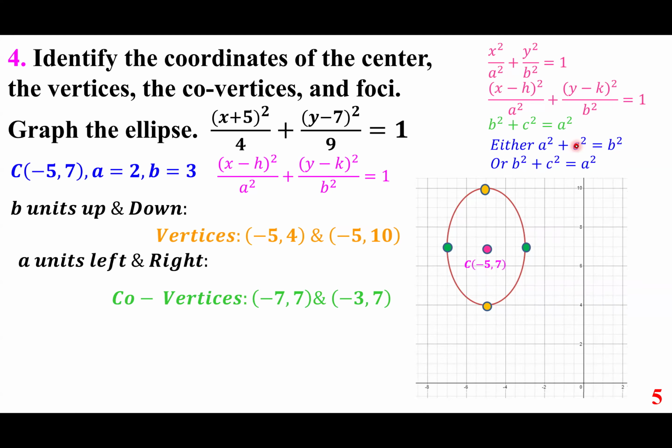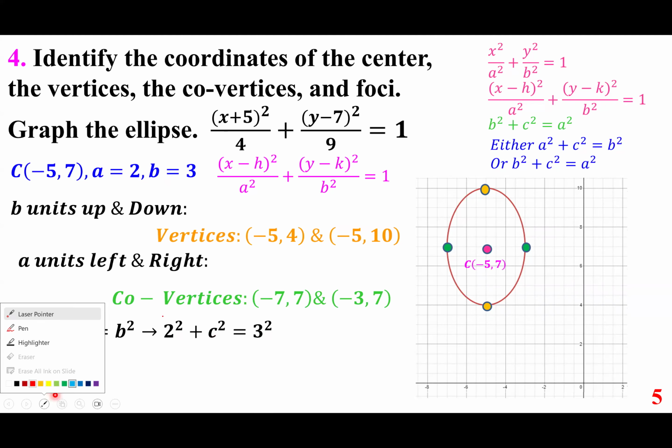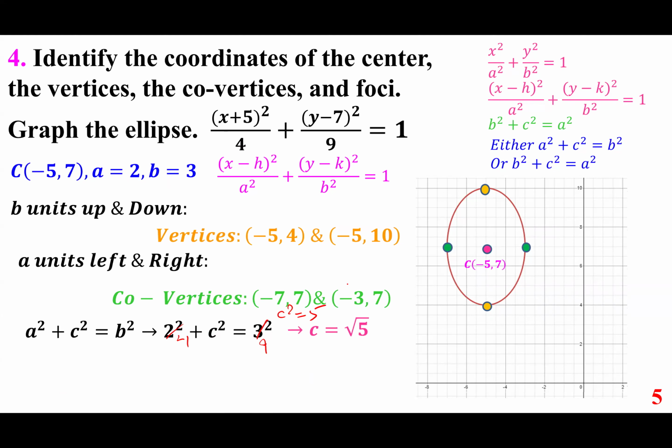So A squared is 4, C squared is missing, B squared is 9. 4, this is 9, C squared is 5. And C is a distance, so it's the positive square root of 5.